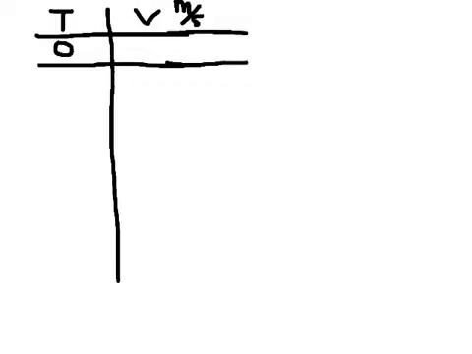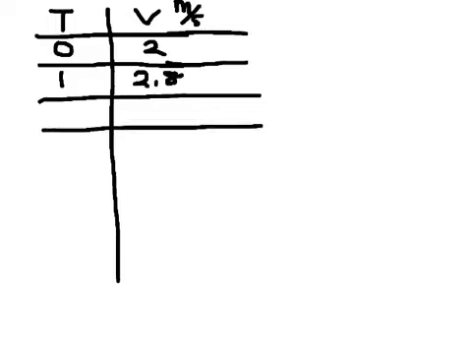So we already know the units. At time 0, it was 2. At time 1 second later, it's 2.8 meters per second. At time 2 seconds, it's 3.6. I've added another 0.8 plus 0.8 to get that.